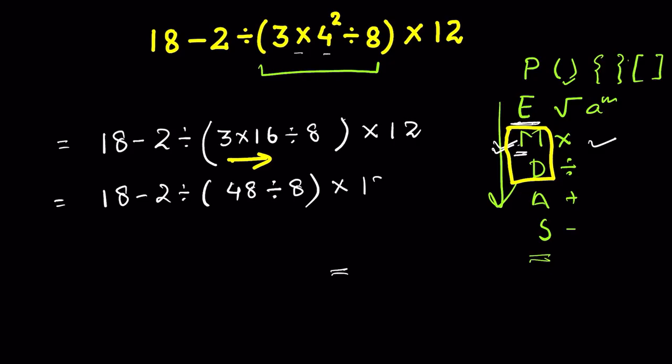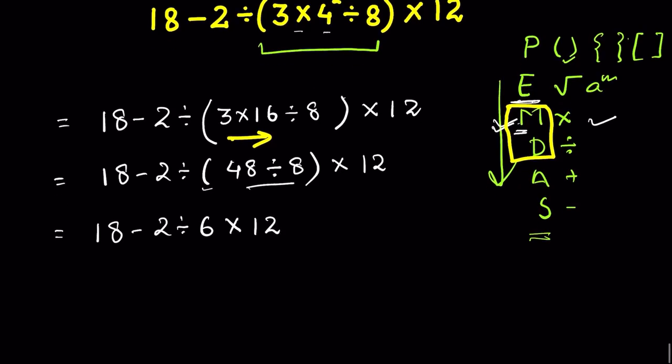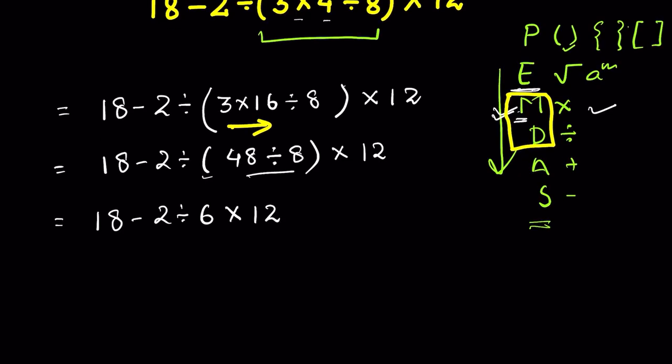So times 12. Now 18 minus 2 divided by, 48 divided by 8 is 6. Once the operation is done we remove the bracket, so we write 6, then times 12. Now this left to right rule will again come into play here. You can see that in PEMDAS multiplication is written before division, but from left to right here we have division first and not multiplication.